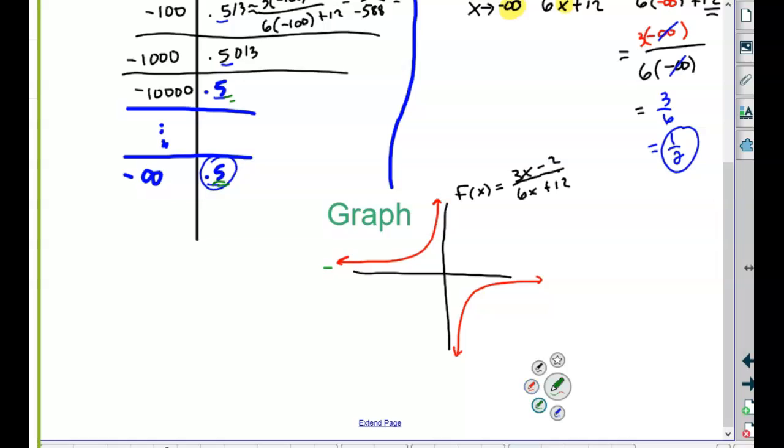And we also know that we have that horizontal asymptote at y equals 0.5.